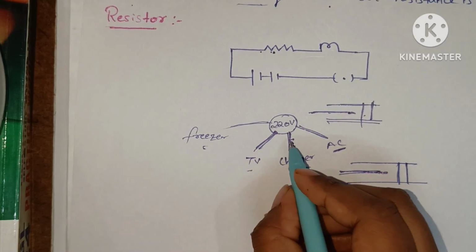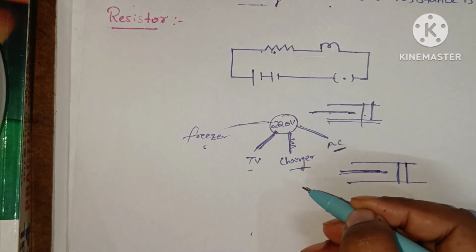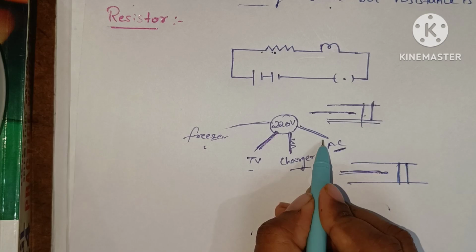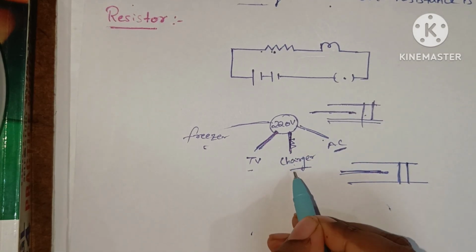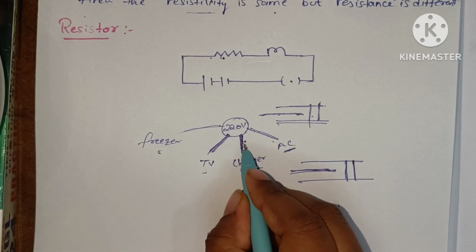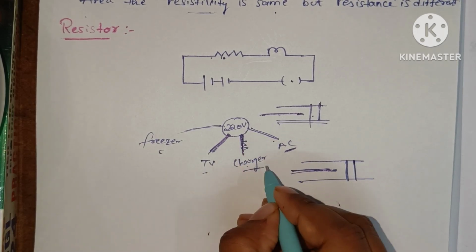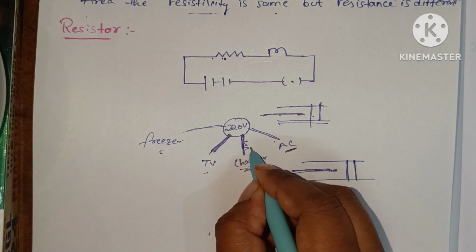The same way, when there is no control of the flow of current, the AC needs more current. If the same current is sent to the charger, the charger point will blast, right? So that much current is no need to send to the charger point. Then you have to decrease the flow of current.